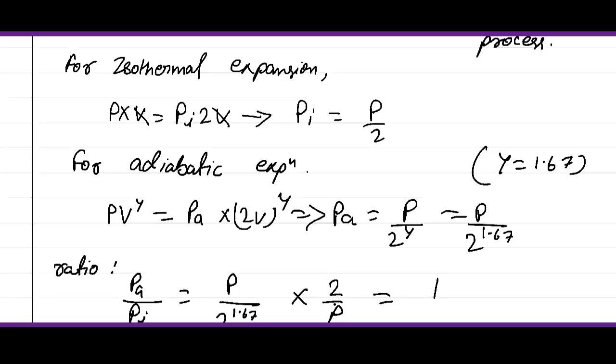So P and P cancel and it gives 1 upon 2 to the power 0.67. After solving, we get 1 upon 2 to the power 0.67. So this is the ratio between Pa and Pi.